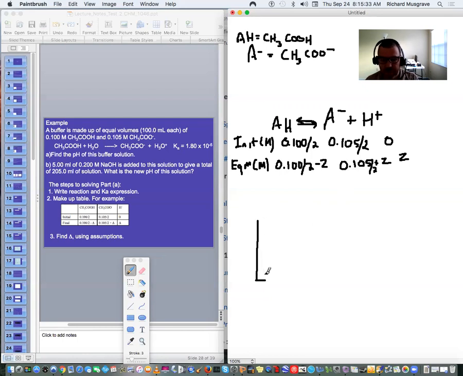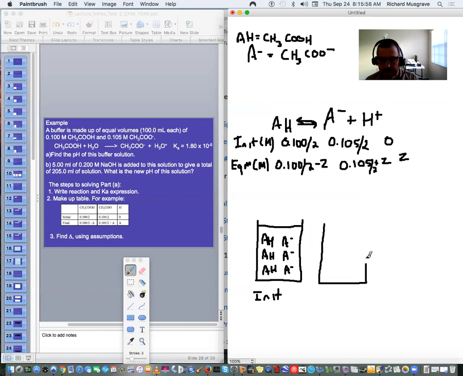So the initial buffer might look like this, where all we have is just AH and A minus. But at equilibrium, some of that AH will break apart into A minus and H plus.